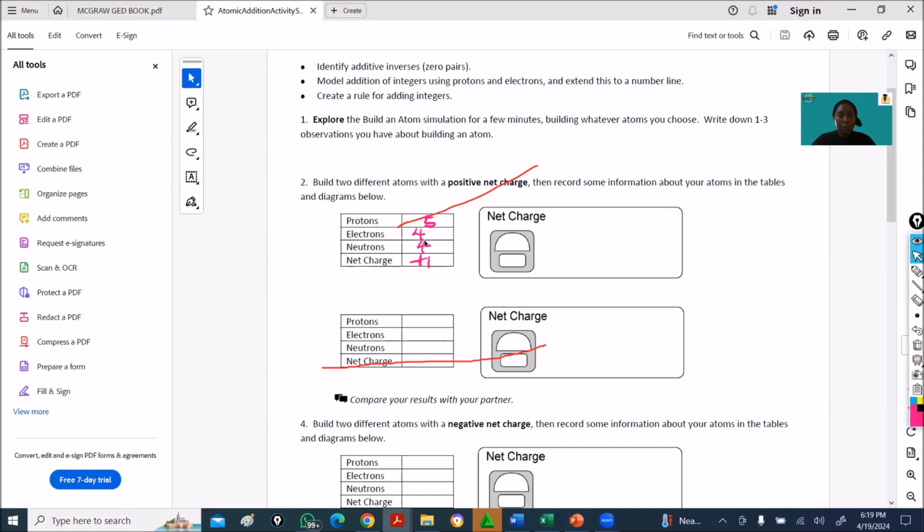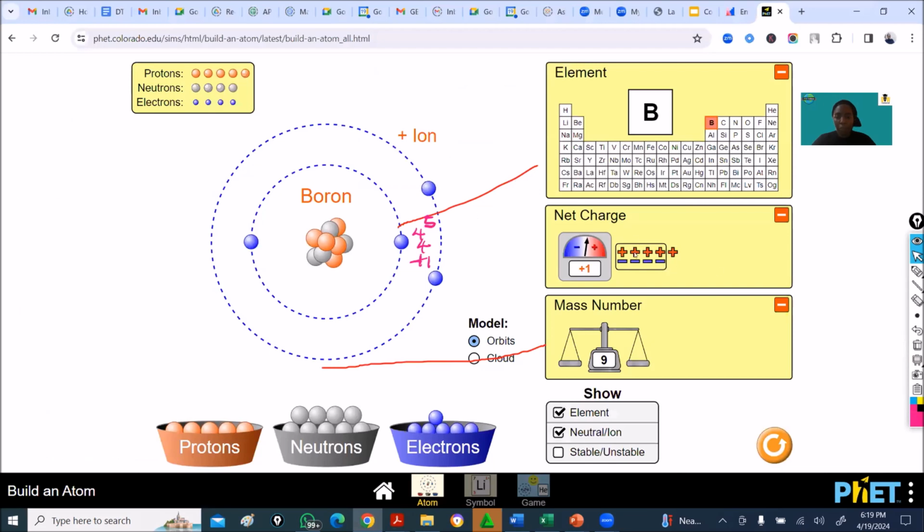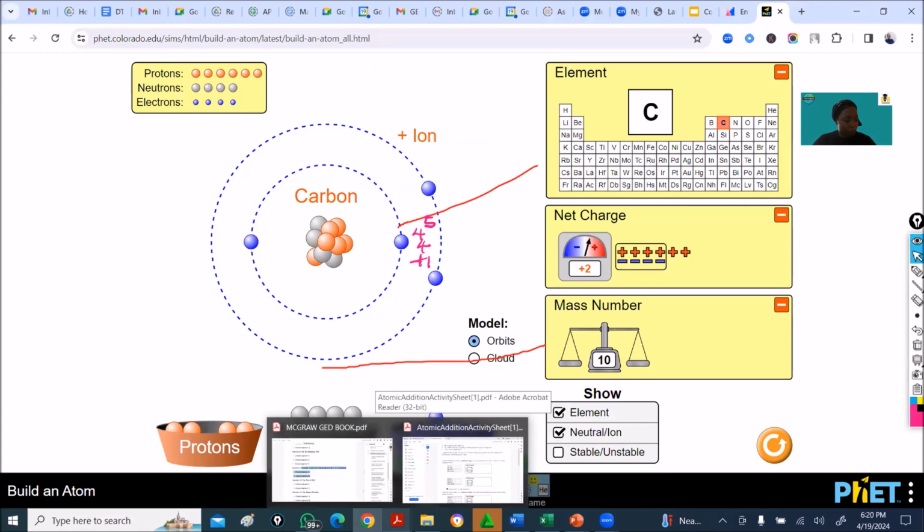So let's say I want to build another positive atom, a different positive atom. Let me say I increase this. I have positive. So I have 6 protons. So the difference there is just my proton. I added 1 proton.